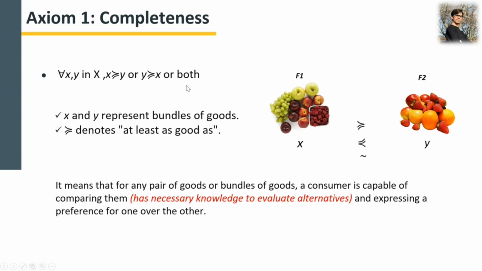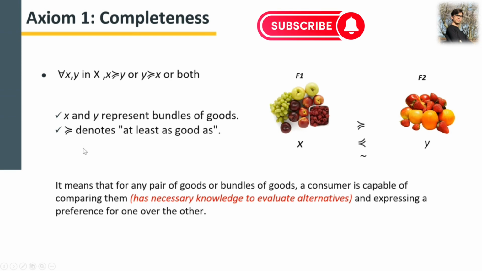It means that X is at least as good as Y and Y is at least as good as X, so we are indifferent between the two bundles. Here, X and Y represent a bundle of goods. And this notation denotes the at least as good as. We use this notation for the preference relation, specifically for the weak preference.